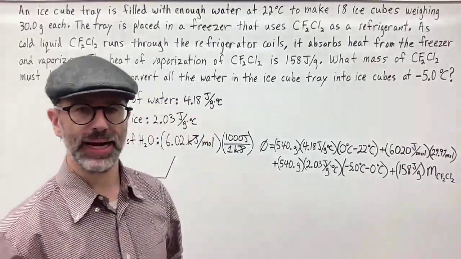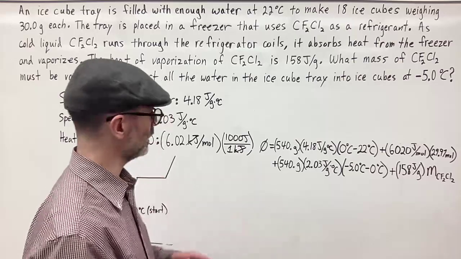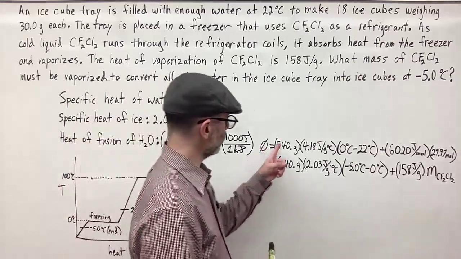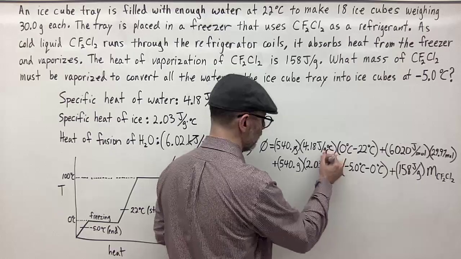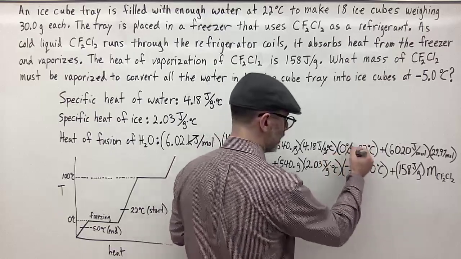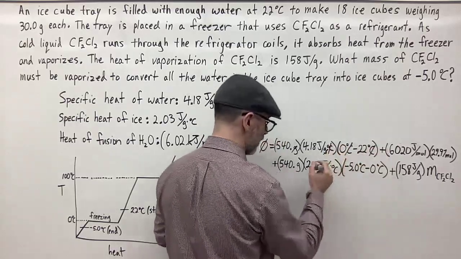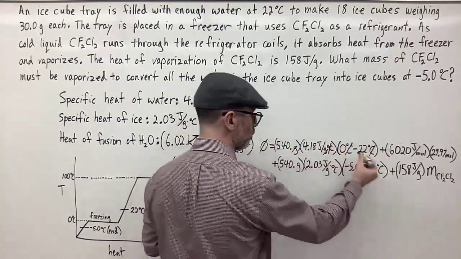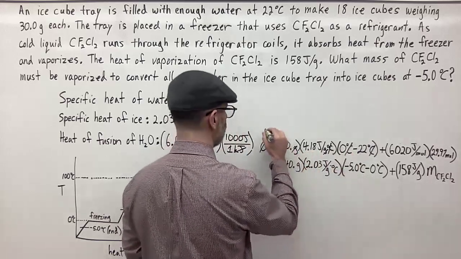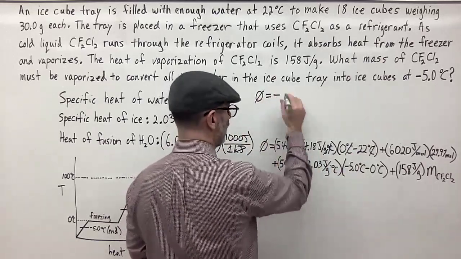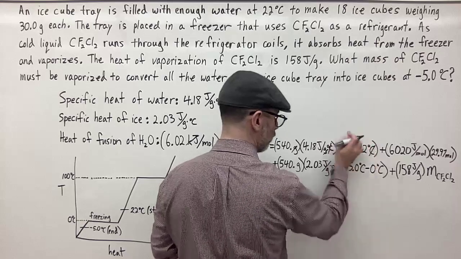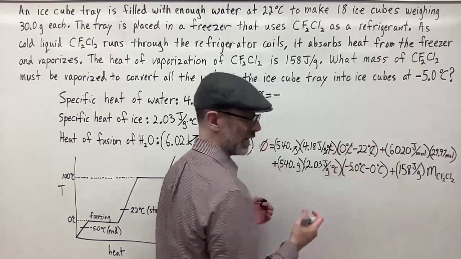Okay, so let's go ahead and start to simplify and calculate things out. So I'm going to start with this part here. So you'll notice that grams cancels out, the degrees Celsius cancels out, leaving me with joules. So if I multiply this together, I'm going to get 0 is equal to negative, because this is a negative. So 0 minus 22 is negative 22.